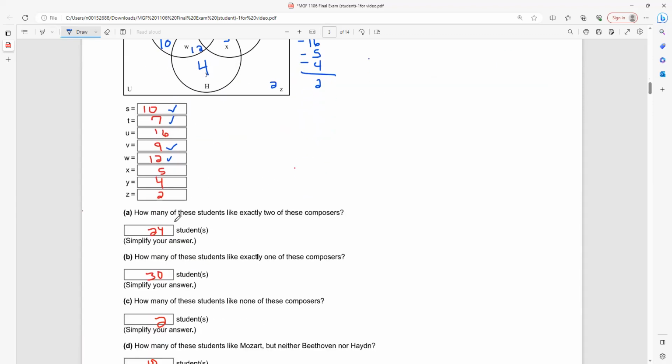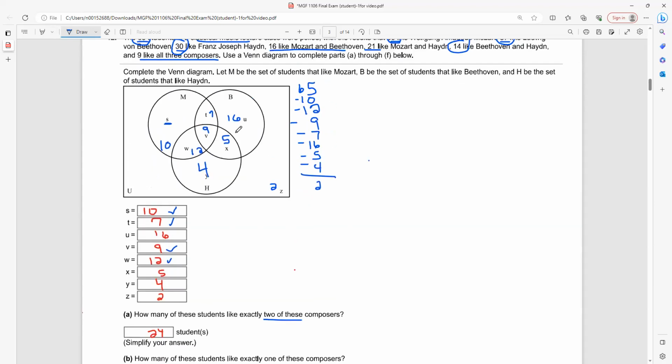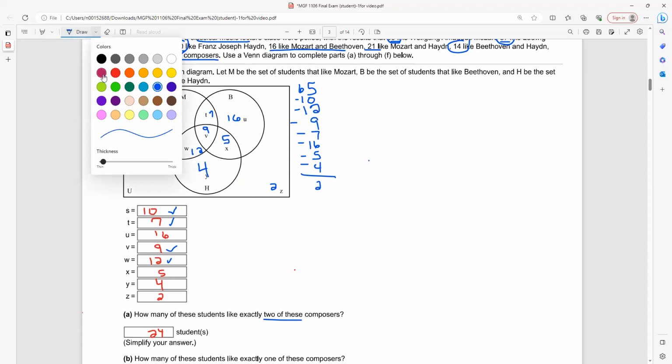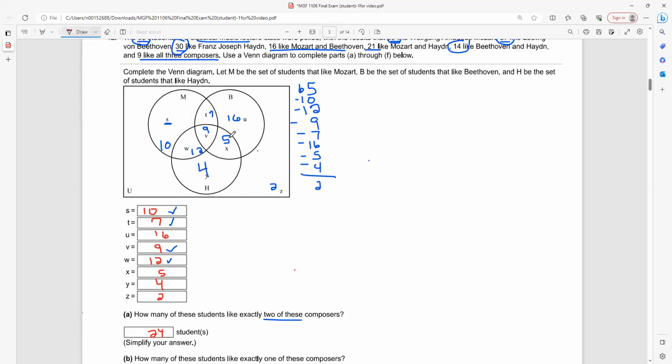Now, letter A says how many of these students liked exactly 2 of the composers. So we want to know all these sections in here that had exactly 2 composers that were chosen. So that would be this section here, those that chose Beethoven and Haydn. This section here with 12, and also this section with 7. We would not choose the 9 because remember, that's all 3.